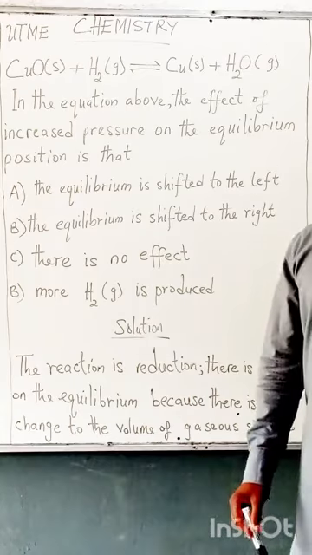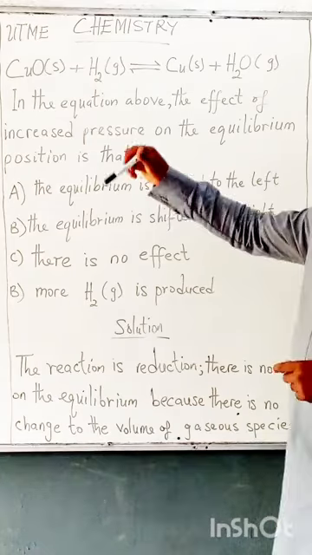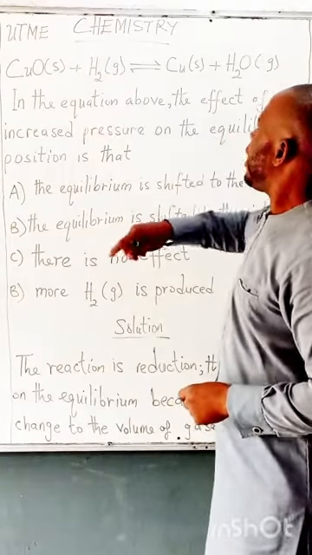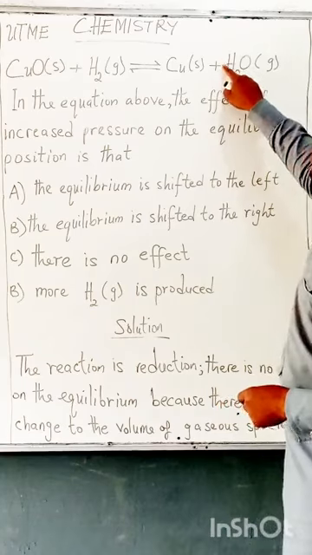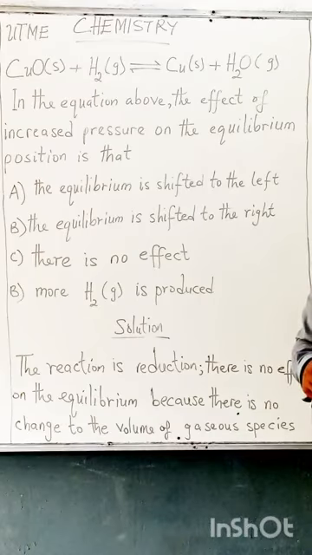So we said 2 conditions must be met. There must be gaseous species. Again, the volume of the gaseous species on the reactant side, which is 1 here, and the volume of gaseous species on the product side must not be equal for change in pressure to have an effect on the equilibrium of the reaction.